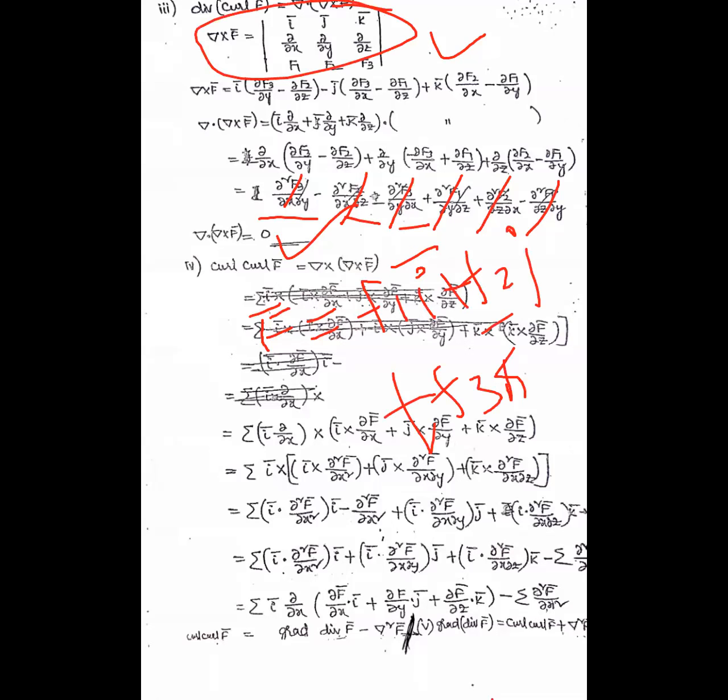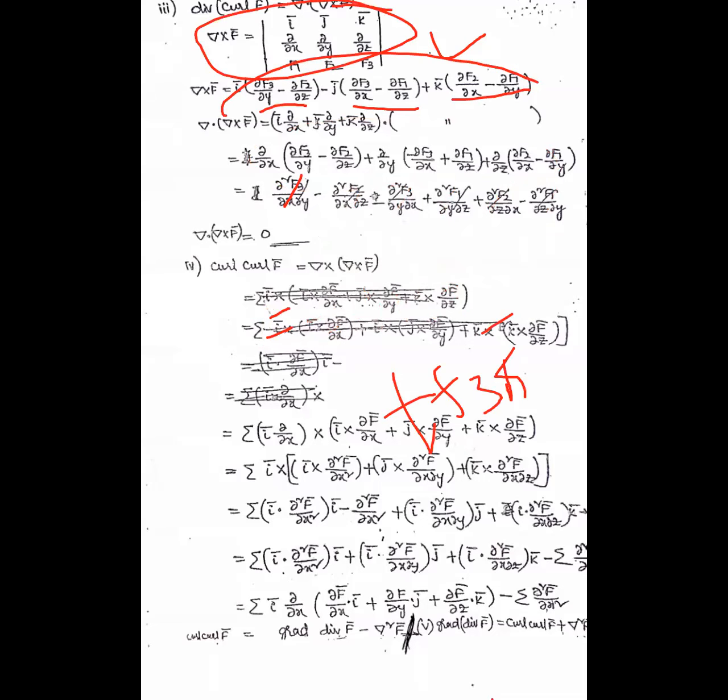So the first term is i dot i, ∂/∂x of the first term, minus j dot j, ∂/∂y of the second term, plus k dot k, ∂/∂z of the third term. After multiplying these, observe that all values cancel with another value. So the result is 0, which equals the RHS.